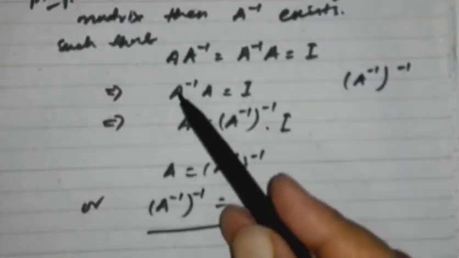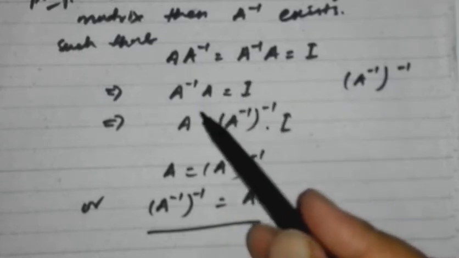Look here, A inverse A equals I. Shift it here, it becomes (A inverse) whole inverse into I. When multiplied with the identity matrix, we get the same matrix. Or we can write this at this side and this at this side. And this is the result we were going to prove.